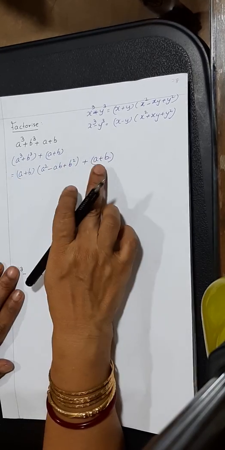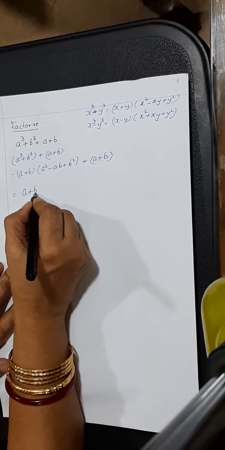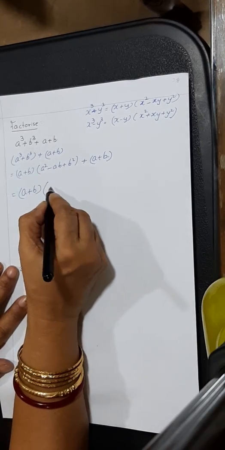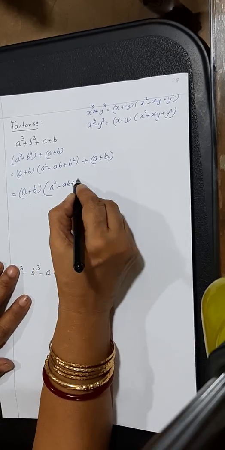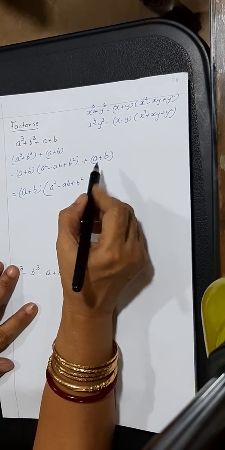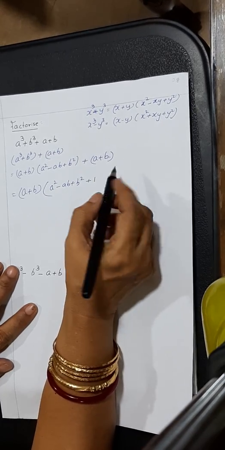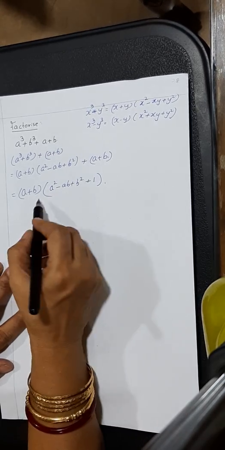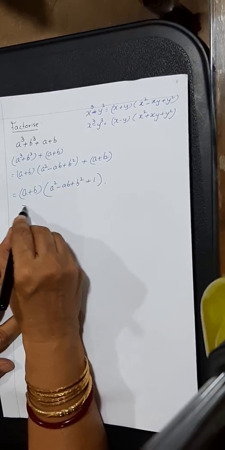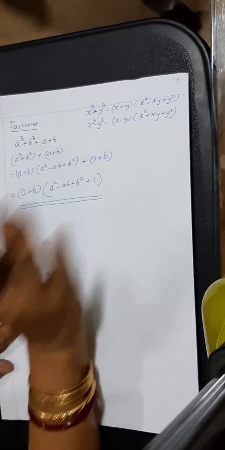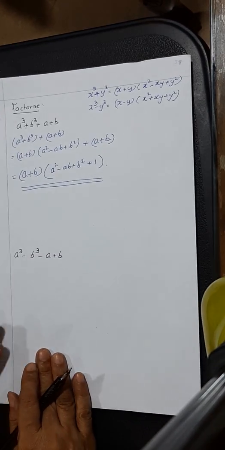Now you have a plus b as a common term, so you will take a plus b out. You are left with a squared minus ab plus b squared, then you have plus 1. Now you can't do anything with this, can't factorize further. So the answer is this.